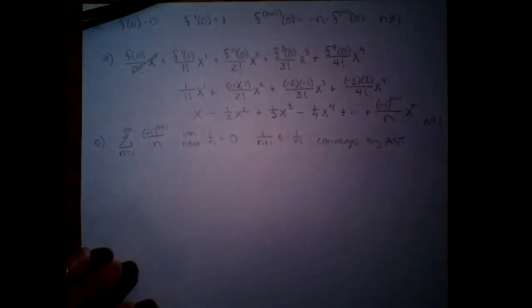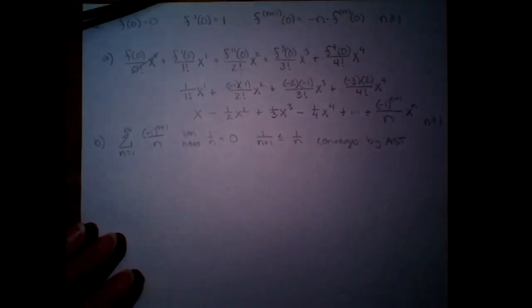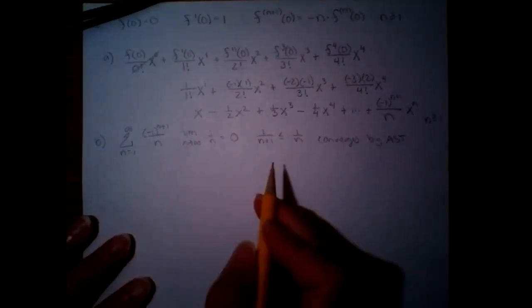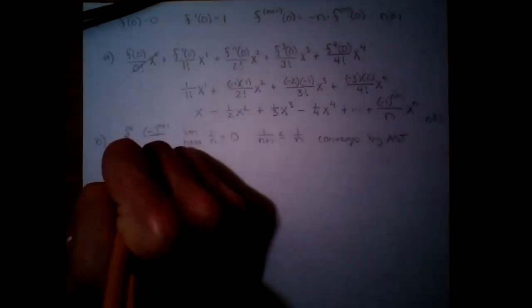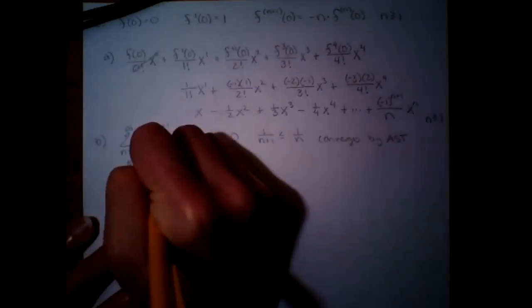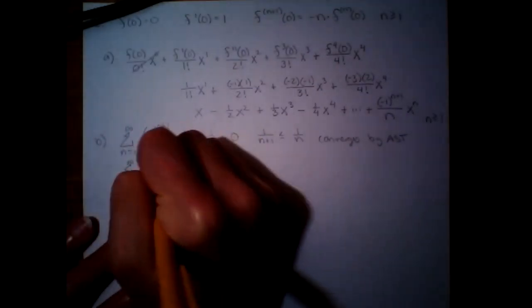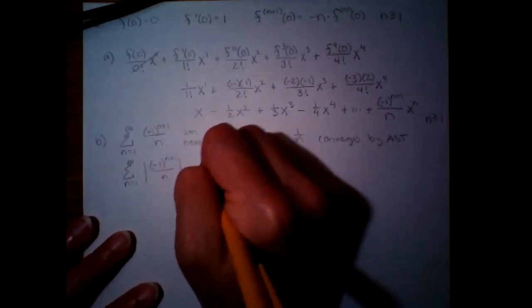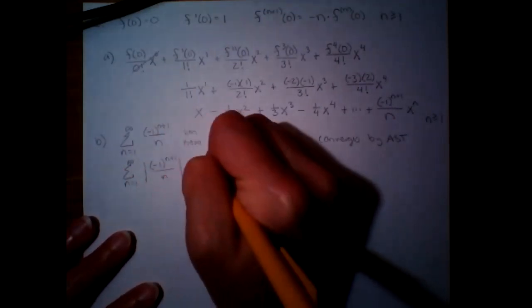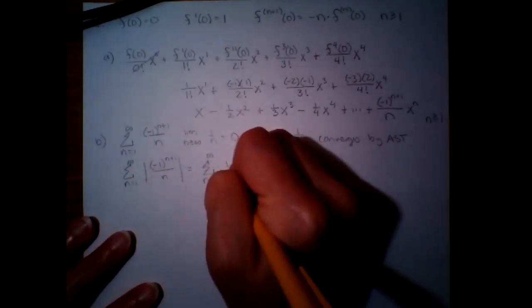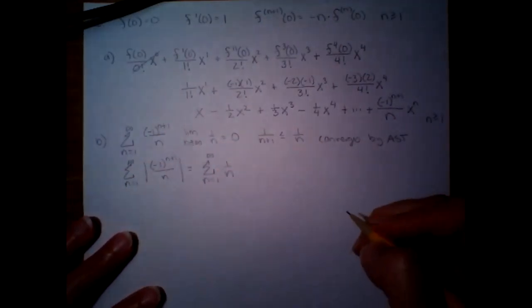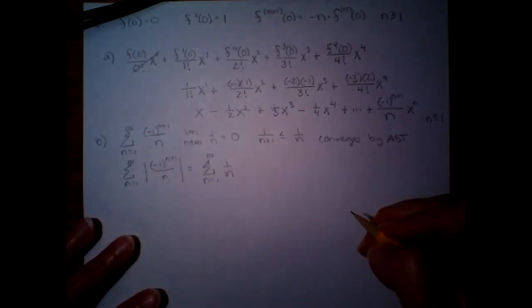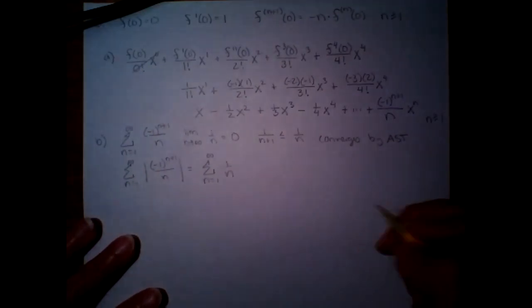Now they said, does it converge conditionally or absolutely? So we found that that converges. Now we need to do the absolute value of that. If you take the absolute value, it's not going to be alternating anymore. This would just be 1 over n. And so that's a p series where p is 1, and so that's going to diverge. p has to be bigger than 1.